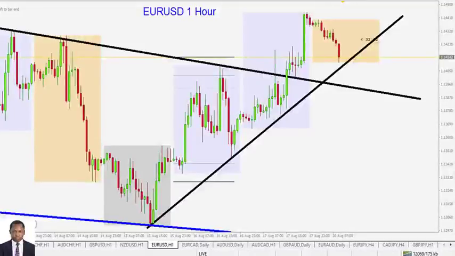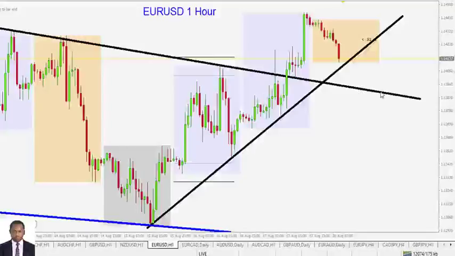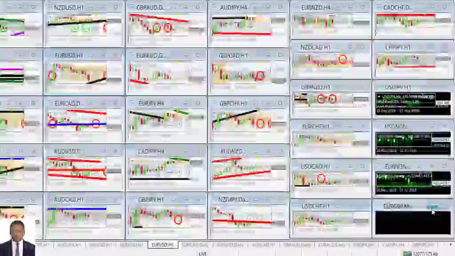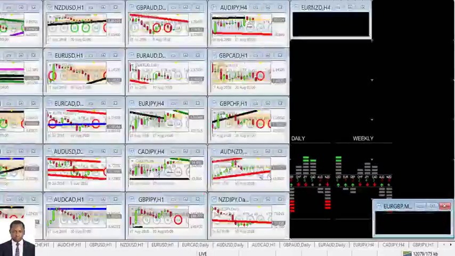Okay, this is support zone. Let me take a look at the FCI in the 1 hour time frame.